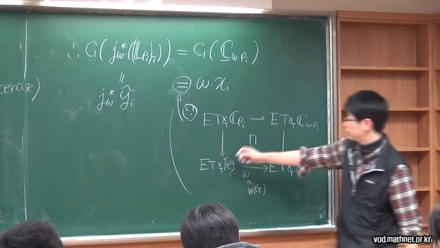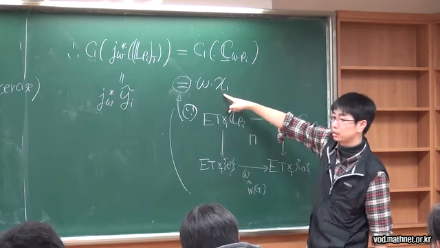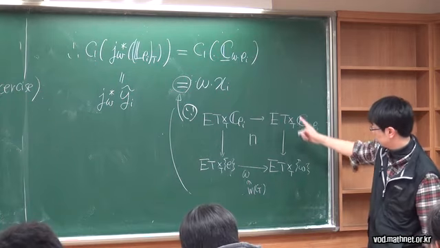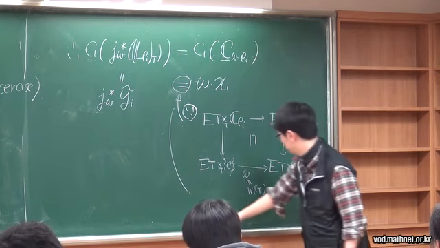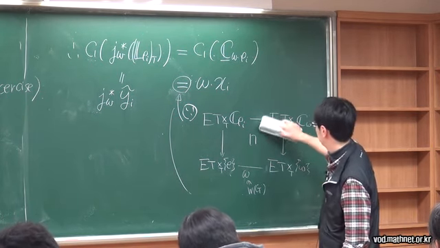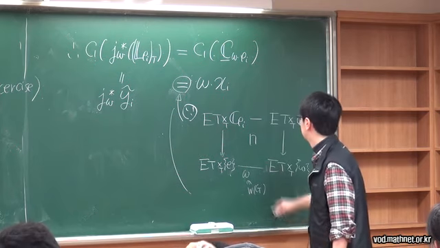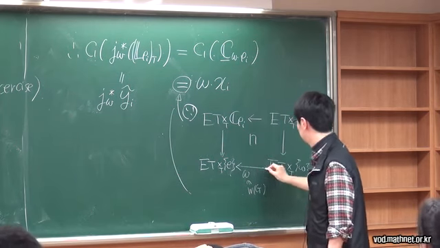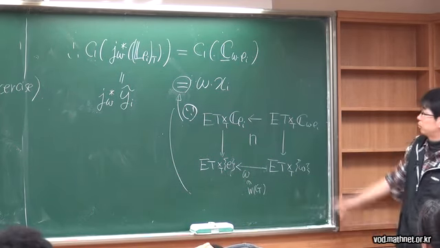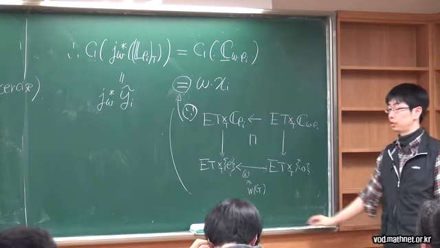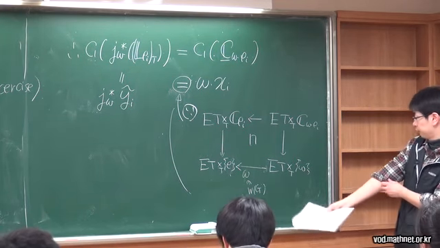Actually, the first Chern class of this line bundle becomes Xi, and its pullback becomes, no, it's not pullback. Maybe you should say this direction. So its pullback becomes this first Chern class. And this is WXi.